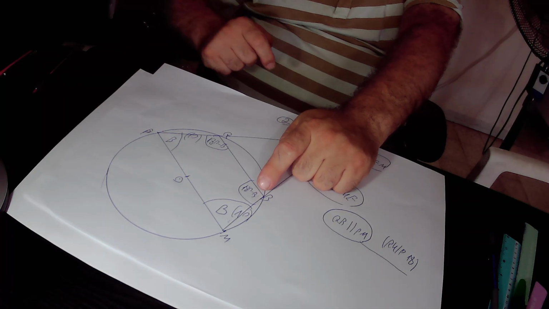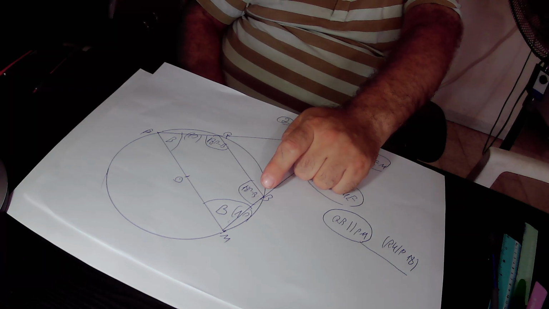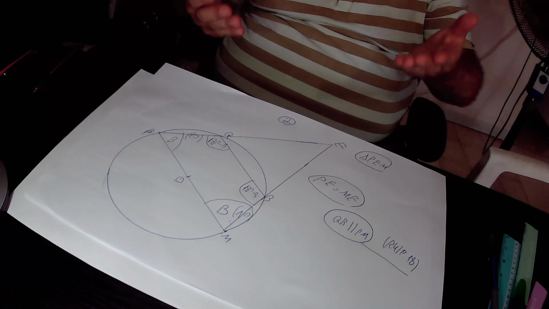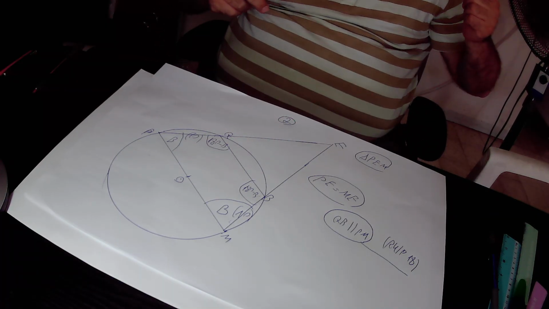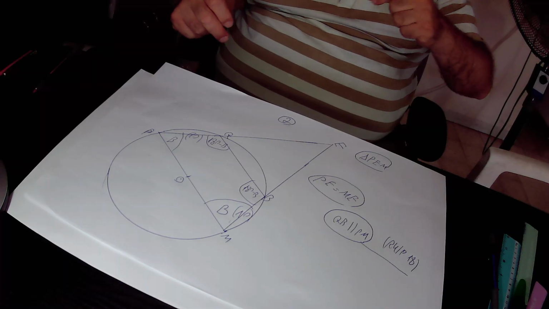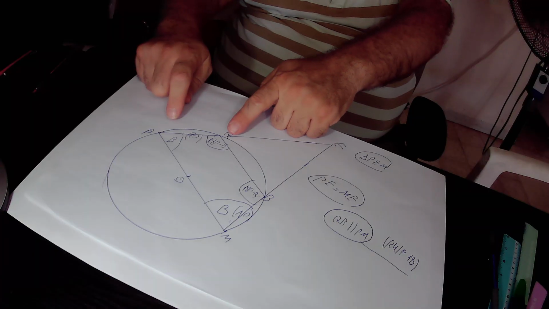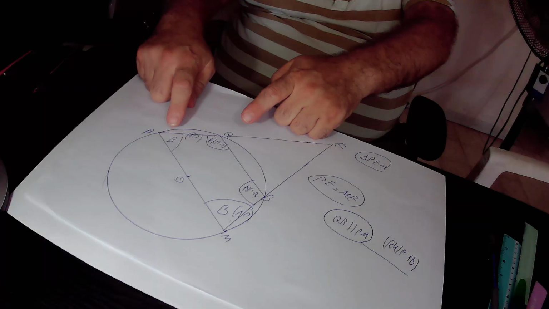Therefore this missing angle must be equal to 180 degrees minus beta. So in total we found out that this angle equals beta and this angle equals 180 degrees minus beta. 180 degrees minus beta plus beta is 180 degrees.